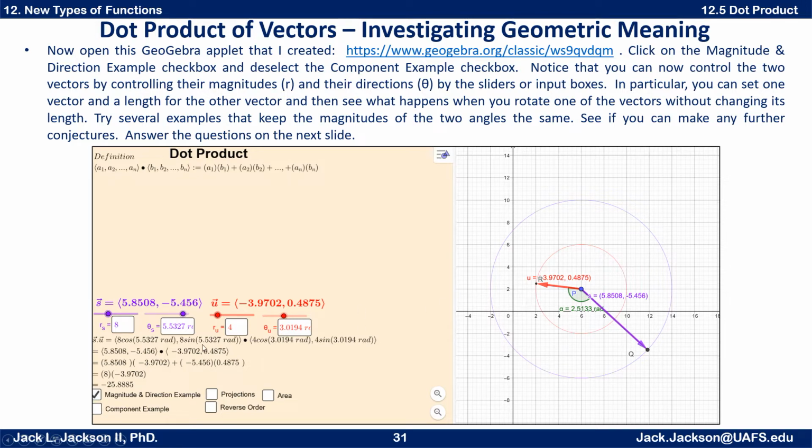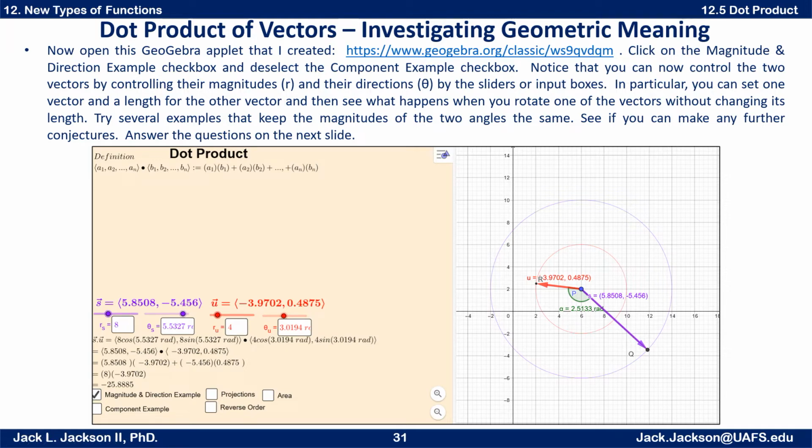One thing about this is that once you have this, you can control the magnitude and direction of each of these vectors by the sliders or these entry boxes. Now it will figure out the components by using our basic conversion.